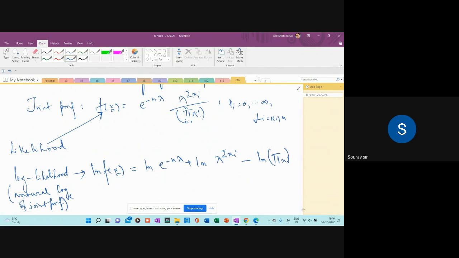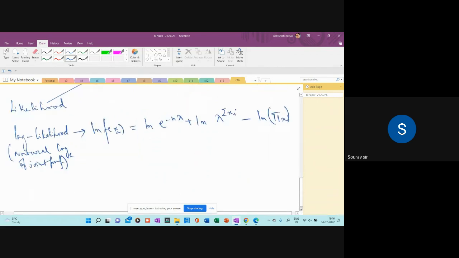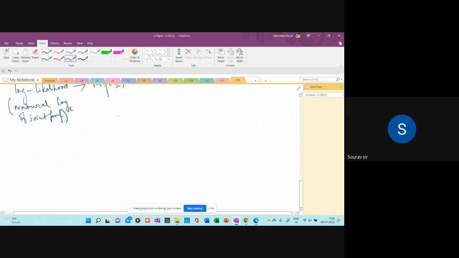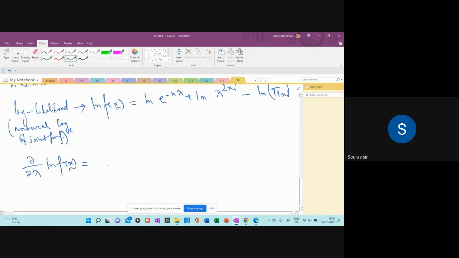Now we are going to do the first order derivative of the log likelihood with respect to lambda. Let's simplify a little bit first: it gives minus n lambda plus summation xi into log lambda, minus log of the product of xi factorial.